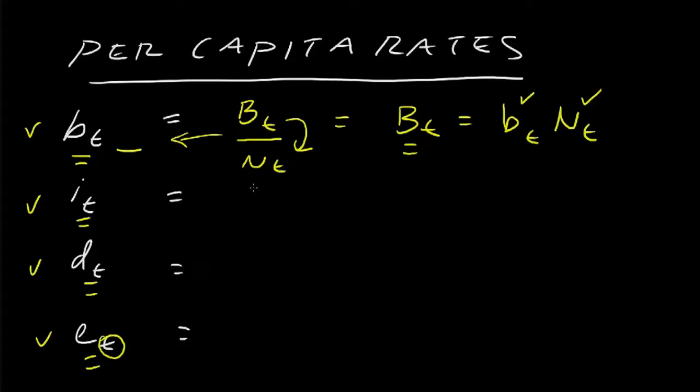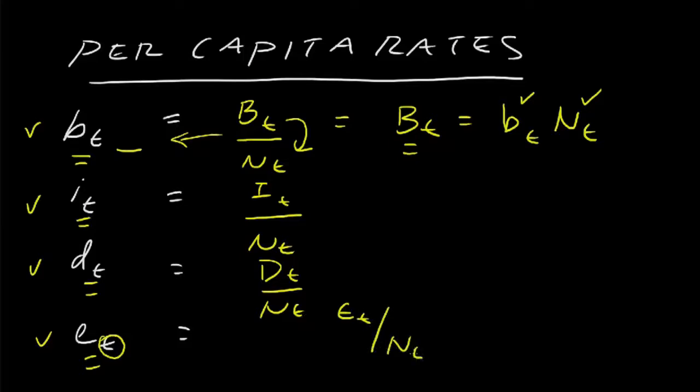So let's do the same for immigration. That's just the number of immigrants divided by the population size. And then we'll do it for deaths, so number of deaths divided by the population size.